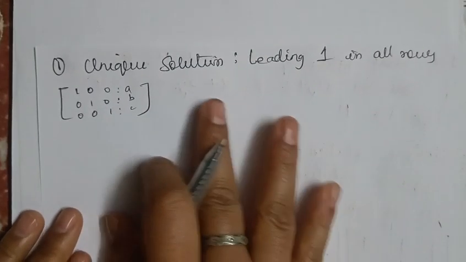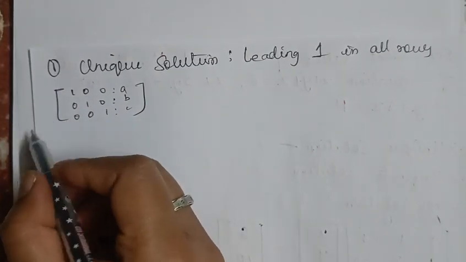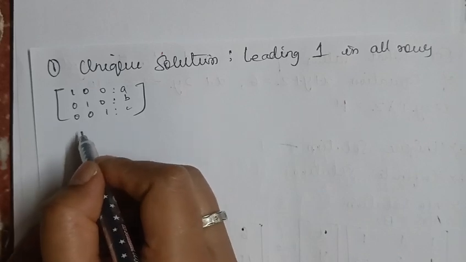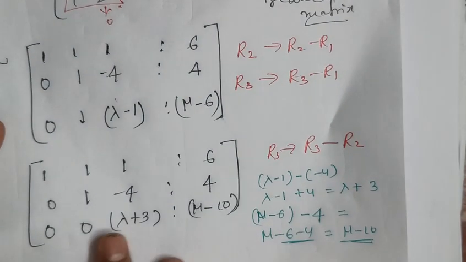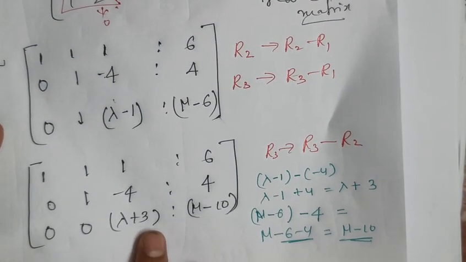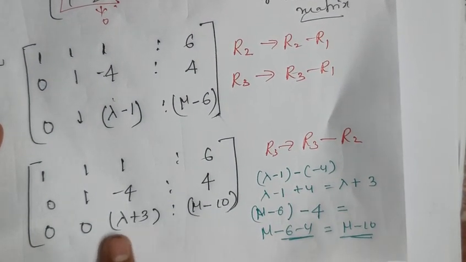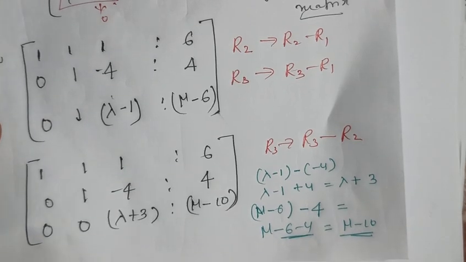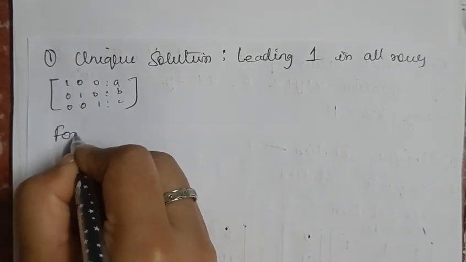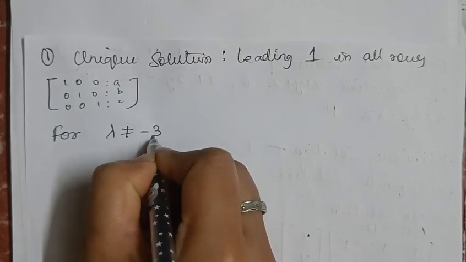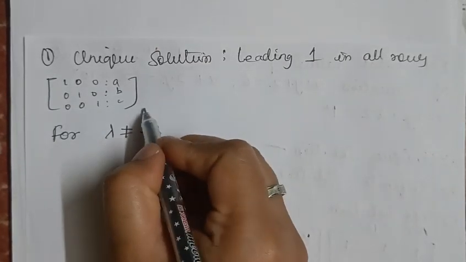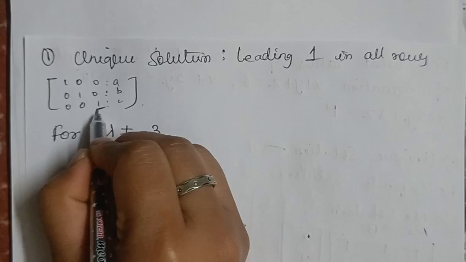So I can say for a unique solution, lambda should not be equal to, here it is lambda plus 3. If it is not equal to minus 3, so for lambda not equal to -3, because it should be a non-zero value.